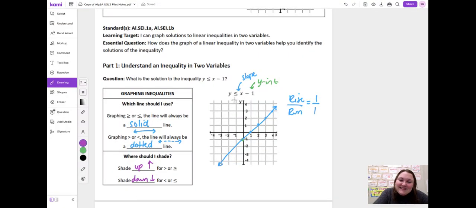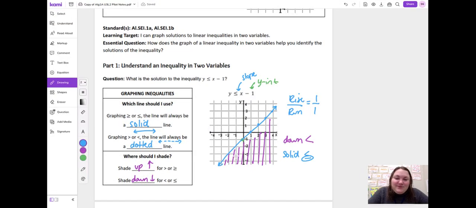Here I have less than or equal to, and so because it is less than, I want to shade down. So I would be shading this part of the graph. So to summarize, I'm shading down because it's got the less than, and I used a solid line because it has that or equals to there.